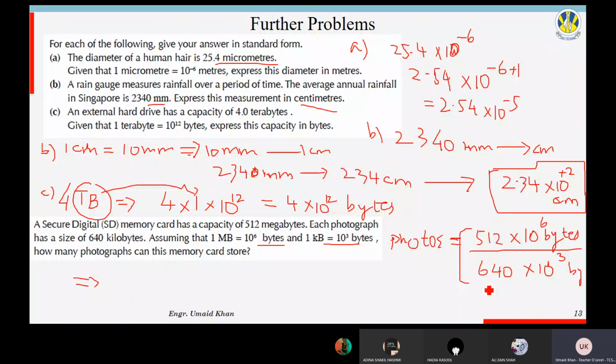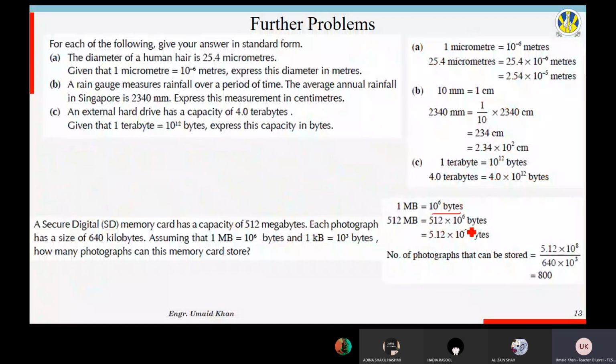So let me share the solution with you. This is the answer. 1 megabyte is 10 raised to the power 6 bytes and 512 megabytes is equal to 512 into 10 raised to the power 6. So you can either divide first and then convert to standard form, or you can also convert first to standard form and then divide. It's up to you. You will get the same answer. So in the solution, it has converted to standard form first.